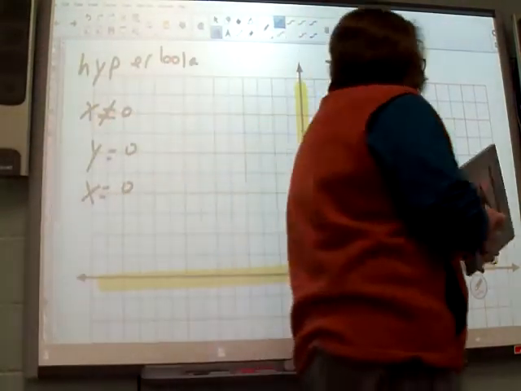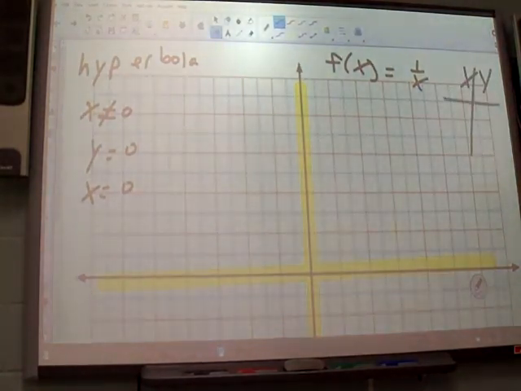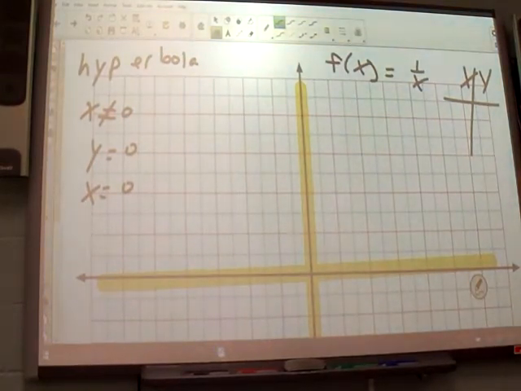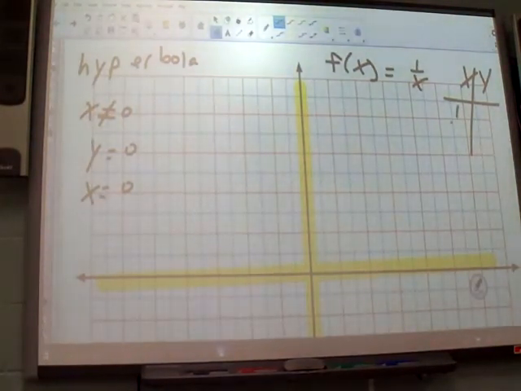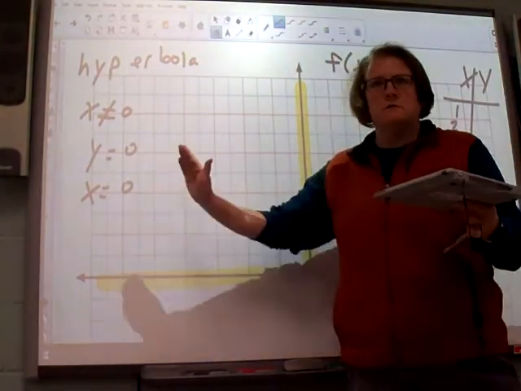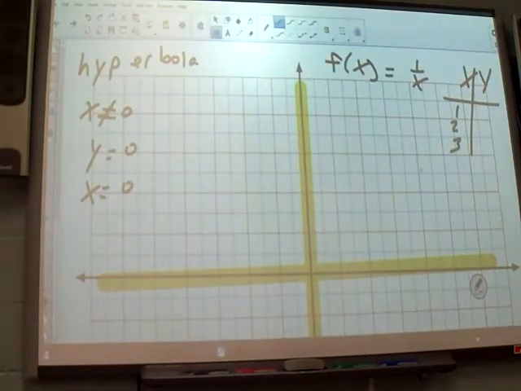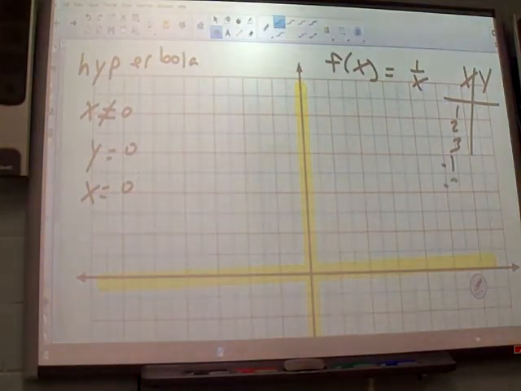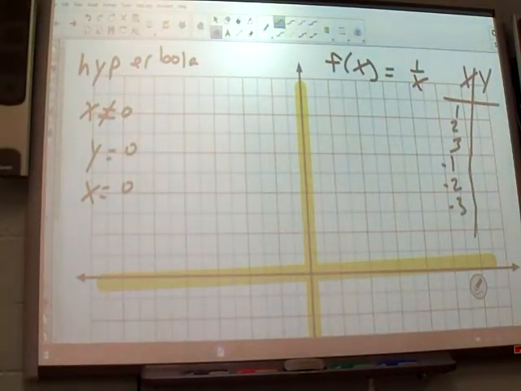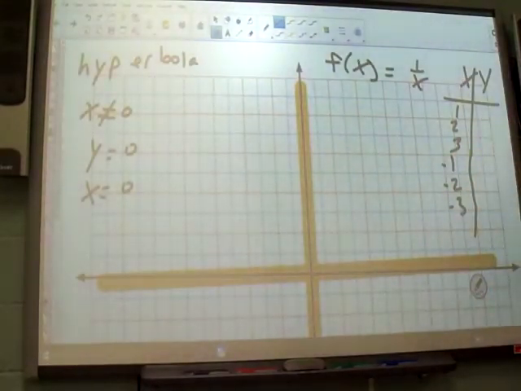So if I'm thinking about my old school input-output table, some numbers to the right of this: 1, 2, 3. I'll plug those in. Some numbers to the left of this: -1, -2, -3. Just keeping them simple and small. Those are the numbers I'm going to plug in to graph. Before we get done today, we'll see this asymptote's not going to be on 0, so we'll have different numbers to choose.